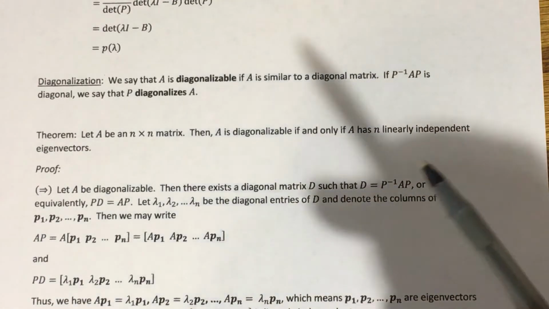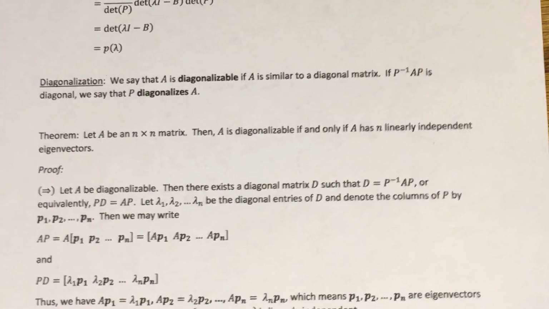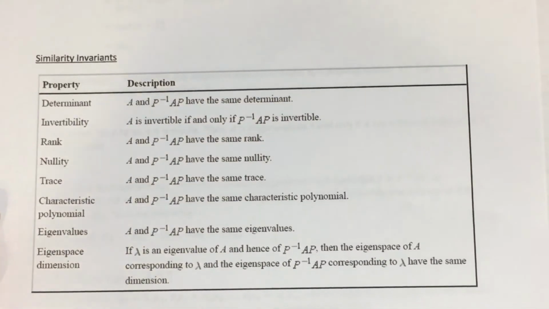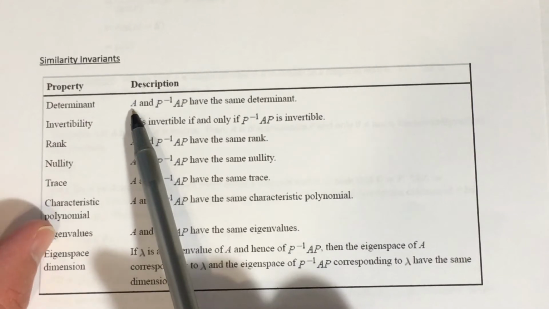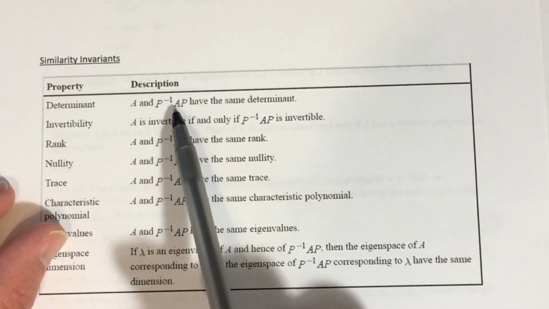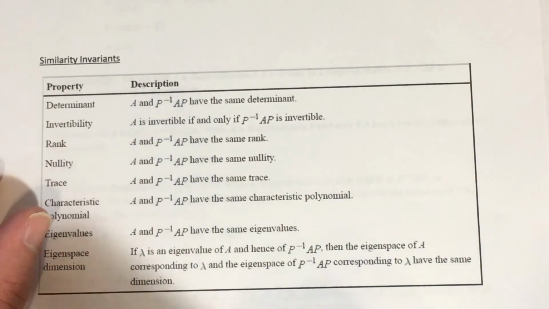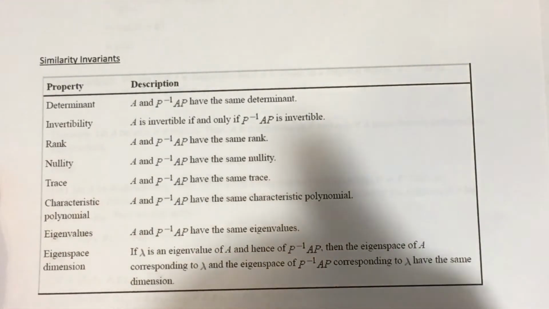But before we do, why might that be a good thing to know if a matrix is diagonalizable? Well, again, it goes back to these similarity invariants. If I know that A is diagonalizable, then I can find a diagonal matrix that it's similar to. Now, diagonal matrices are like our favorite matrices because they're the easiest type of matrices to work with.